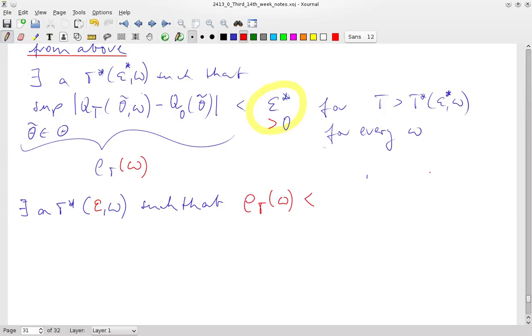And for epsilon star, now comes my intelligent choice. I'm saying, okay, this is a small positive number. Let's use rho of epsilon, which we just defined, divided by 2 for this small positive number. Okay?